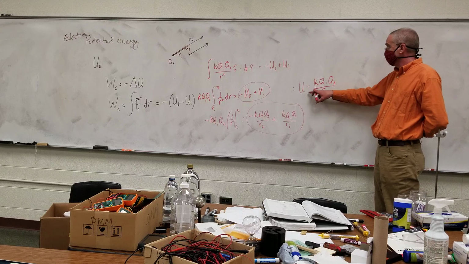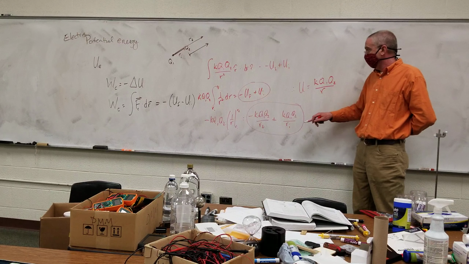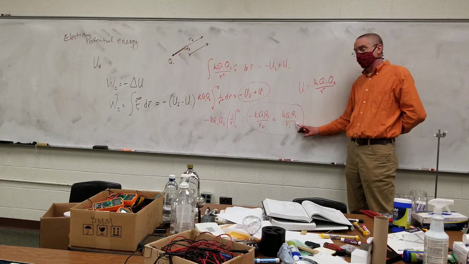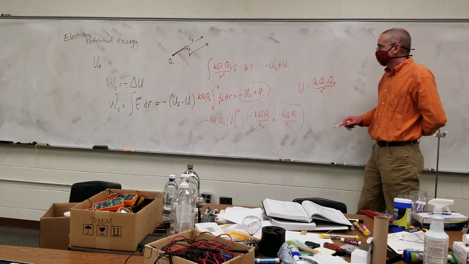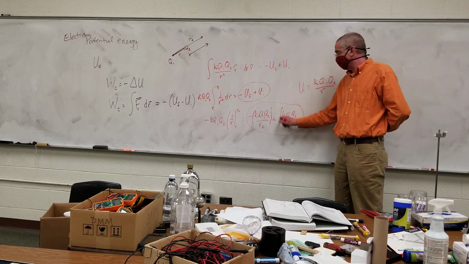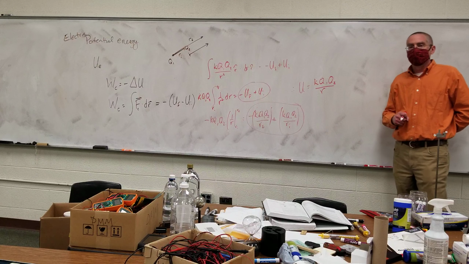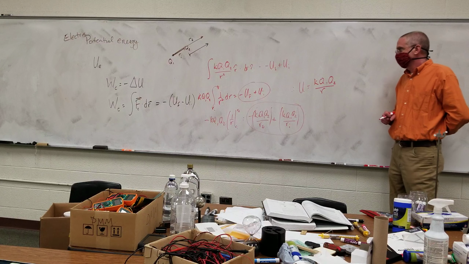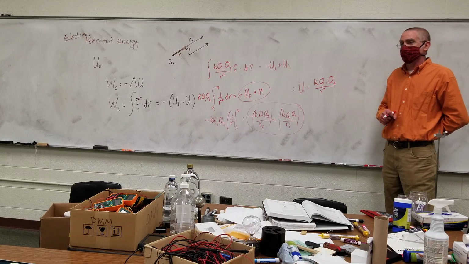Does that work? If U is equal to k Q1 Q2 over r, then would that be U final and would that be a U initial? Because I got negative U final plus U initial, so I got negative this right here plus that. I think you were overthinking it, Joseph. Yeah.